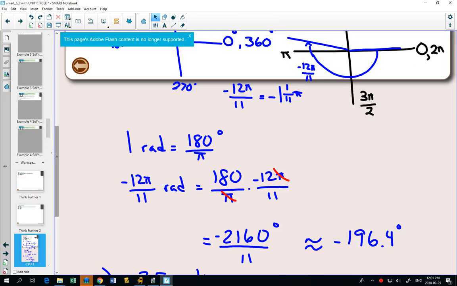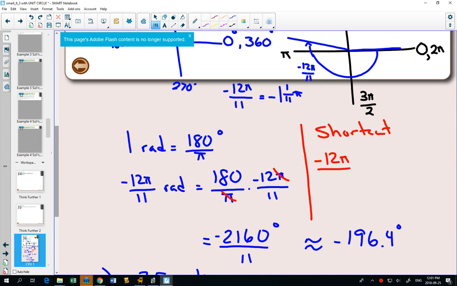Okay, so I want you to go back and I'm going to introduce you to a shortcut for B. If you want to change negative 12 pi over 11 radians to degrees, you can just change the pi to 180. Not because pi equals 180, but because pi radians is equal to 180 degrees.